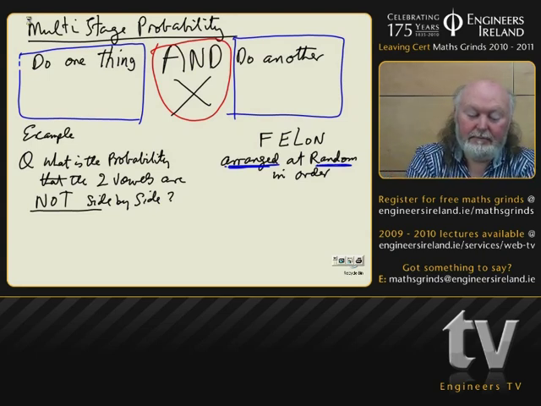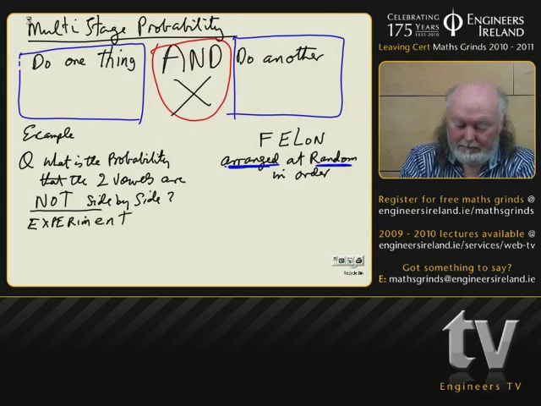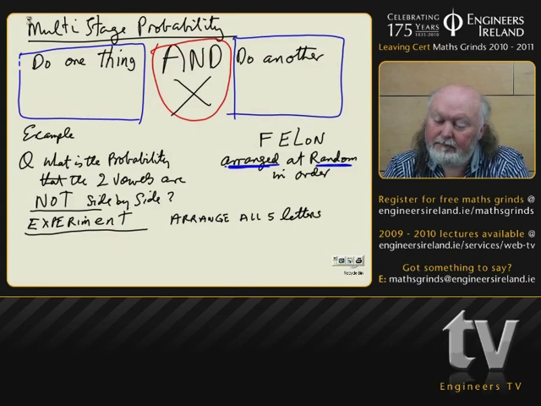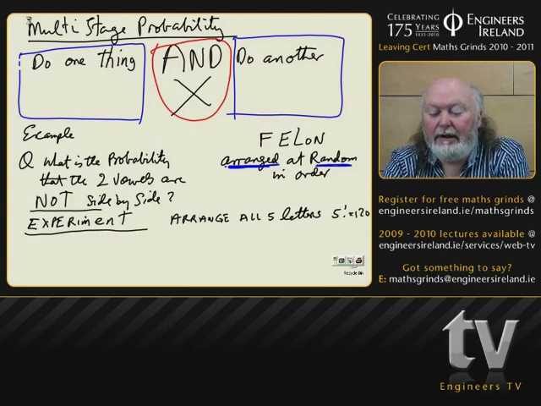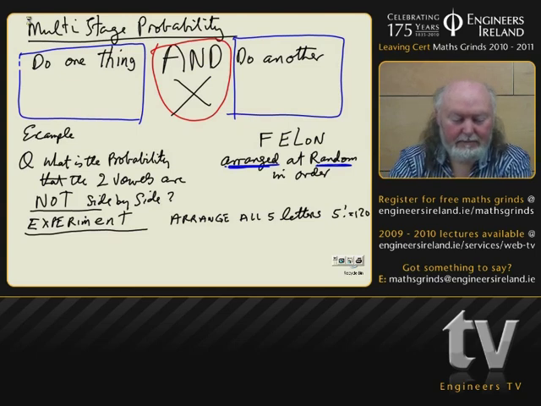What's the experiment? 120 ways of arranging the 5 letters. Okay. Now we're looking at the particular event or events that we want.